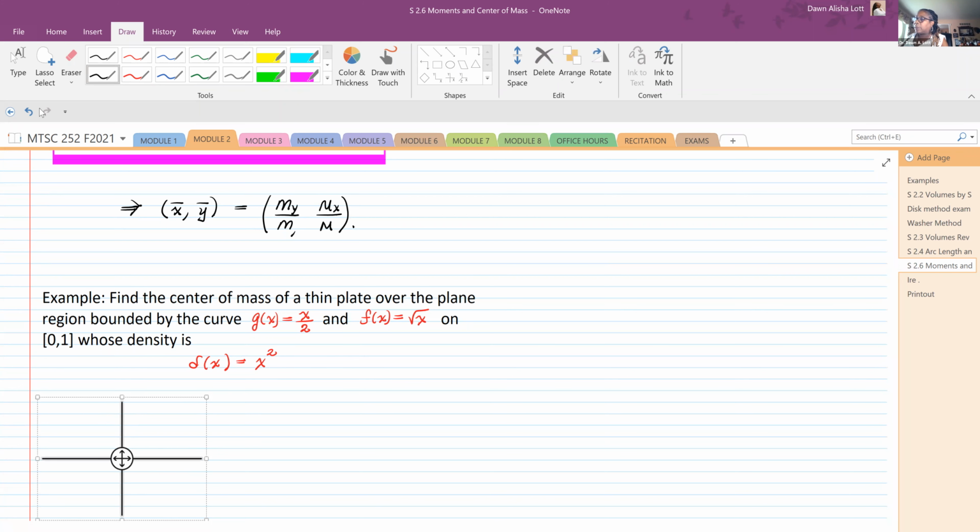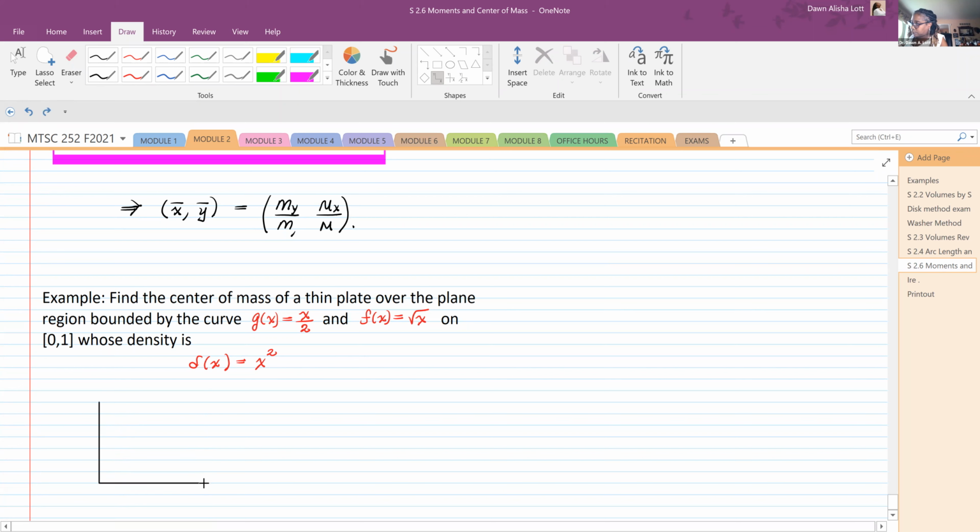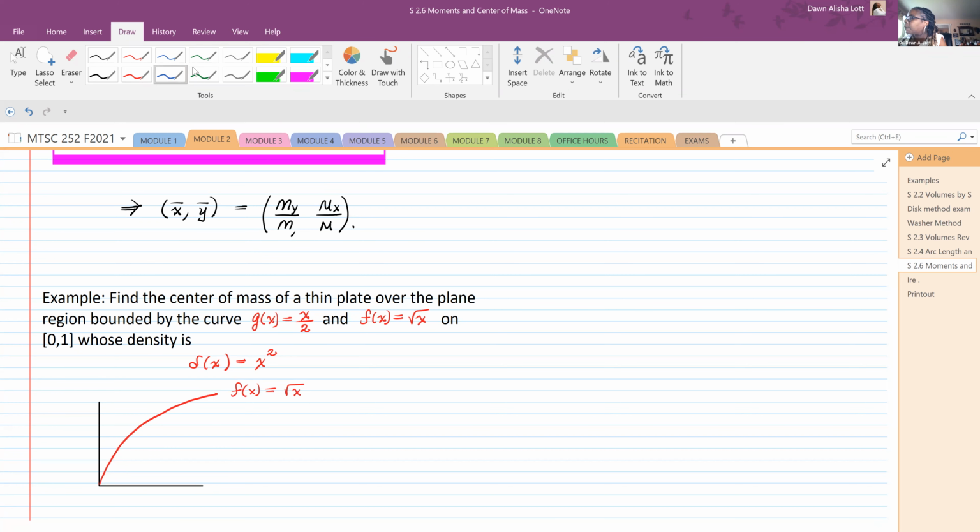I don't even need all that. I just need this. Okay, so f of x equal to the square root of x is on top, and g of x is a line that looks like that.